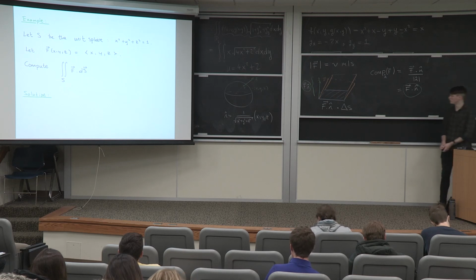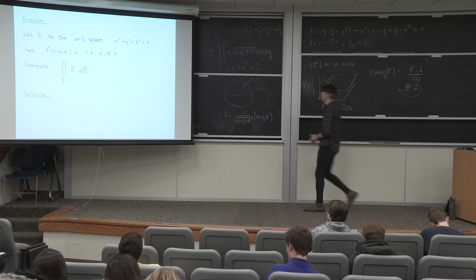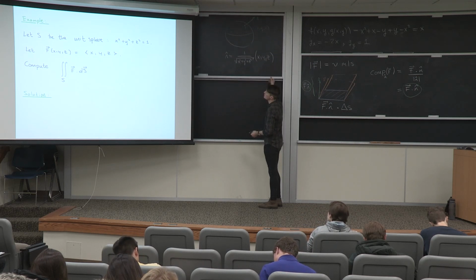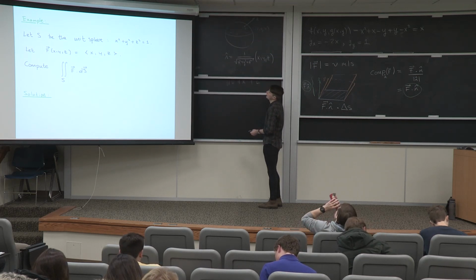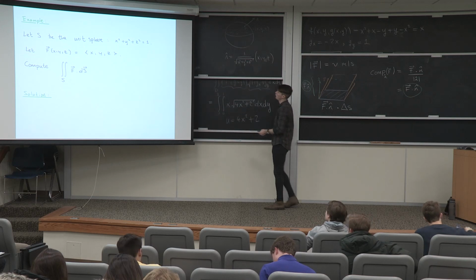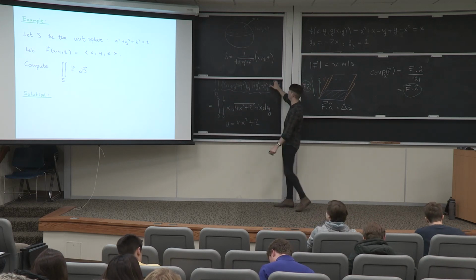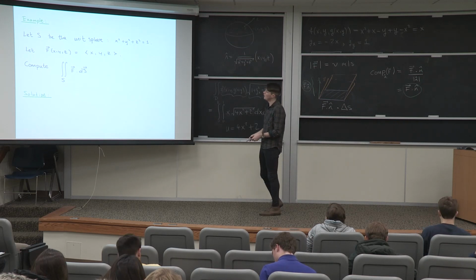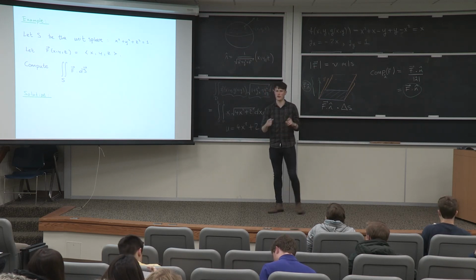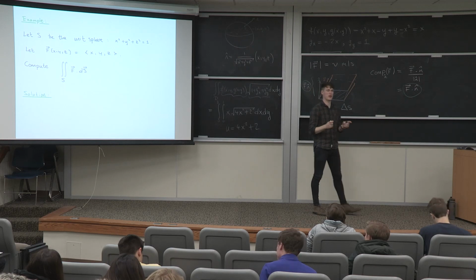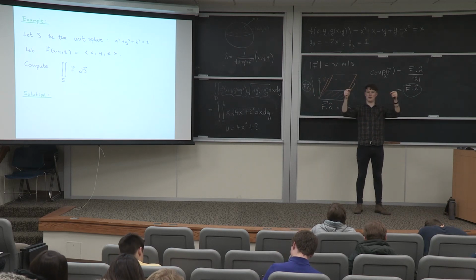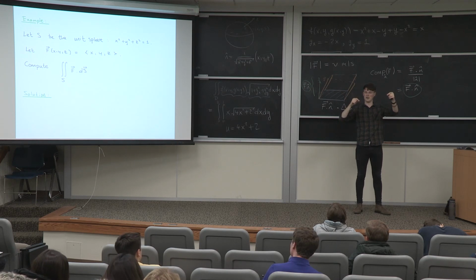So, we'll look at an example. Let's say again that S is the unit sphere, x squared plus y squared plus z squared equals 1. Let F be the vector field x, y, z, and let's compute the flux. What does the vector field xyz look like? If I'm at a point on the sphere, where does it point? That direction.